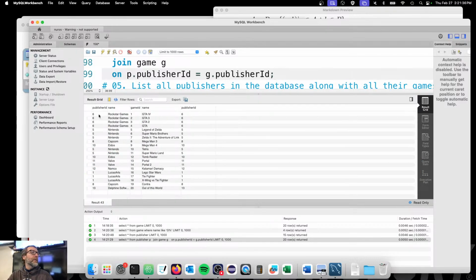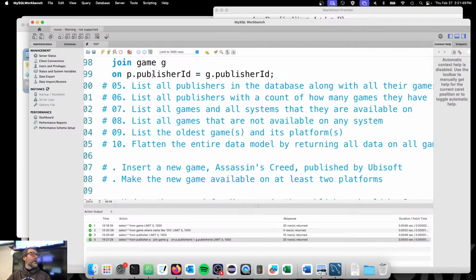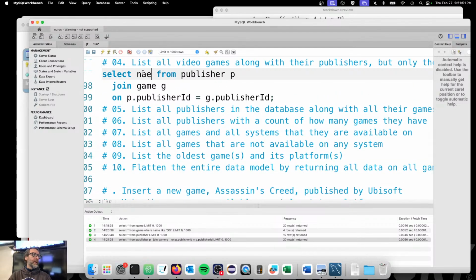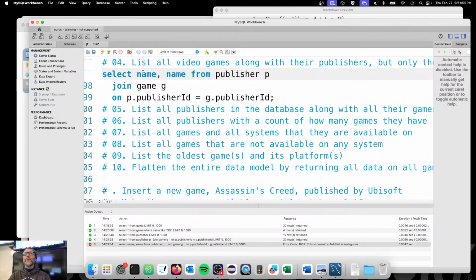But only the relevant ones. And what we mean by that is, look at this. Publisher ID is repeated here and here, right? Let's get rid of that repetition. Also, do we really care about the game ID? We only care about the name and the name, right? So let's just grab the name and the name, except that there are two names here.